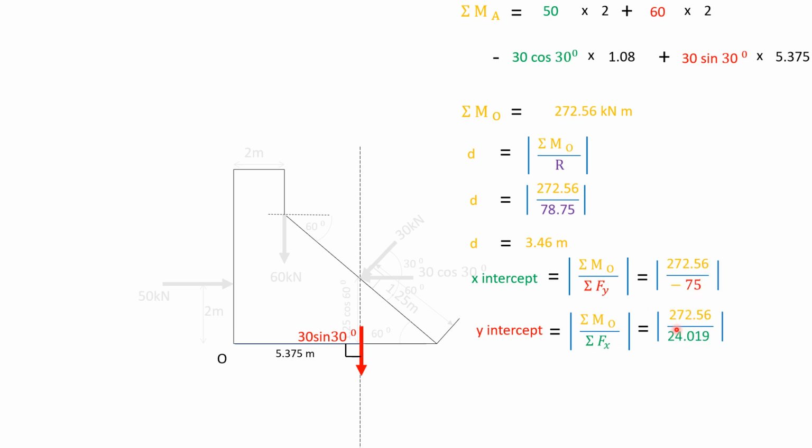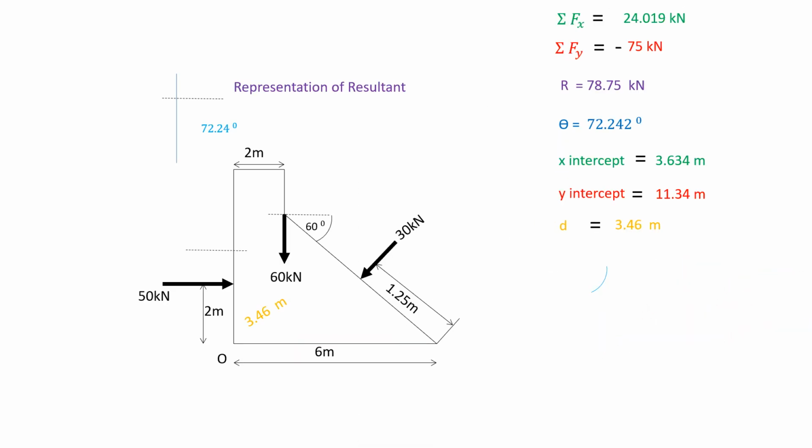Substituting values we get x-intercept and y-intercept. Now what we have calculated is summation Fx value, summation Fy value, R value, theta value, x-intercept value, y-intercept value, and D value.